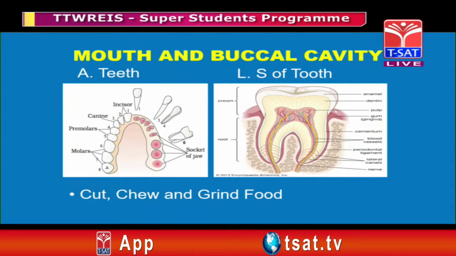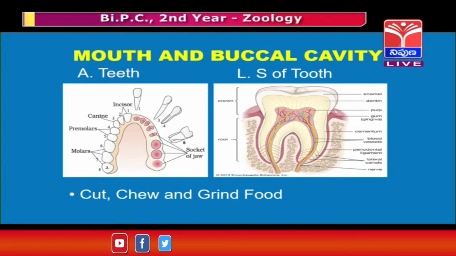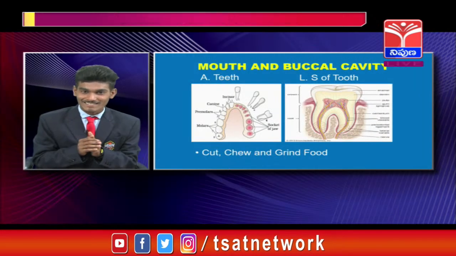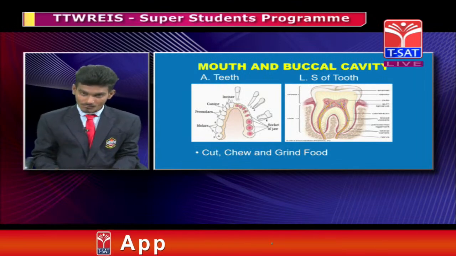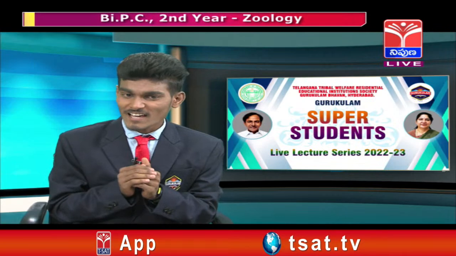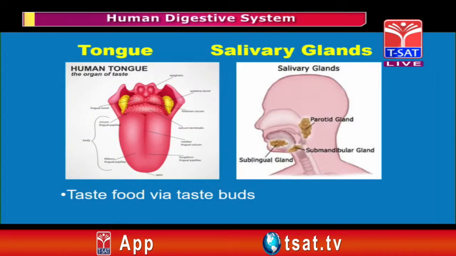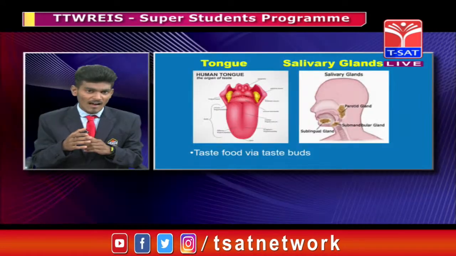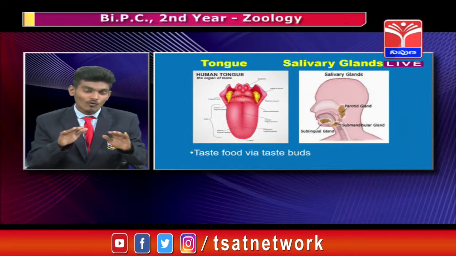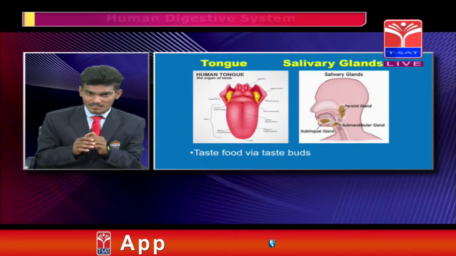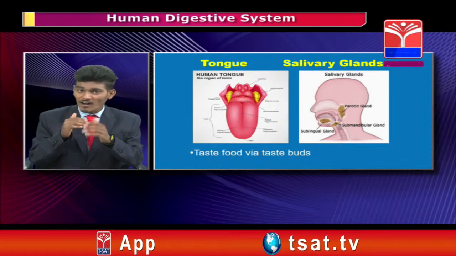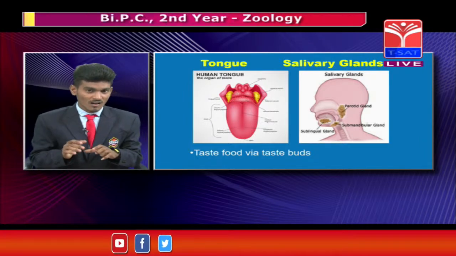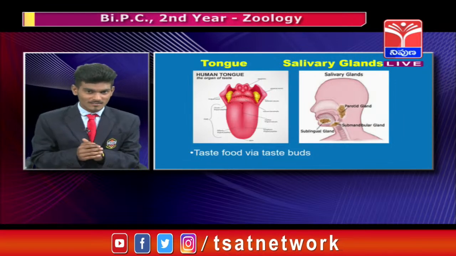Go through the next part of the oral cavity. What is the next part of the oral cavity? Yes, the tongue. The tongue is a muscular sense organ. It is freely movable and is attached to the floor of the oral cavity, and the upper portion of the tongue has papillae, also known as taste buds.